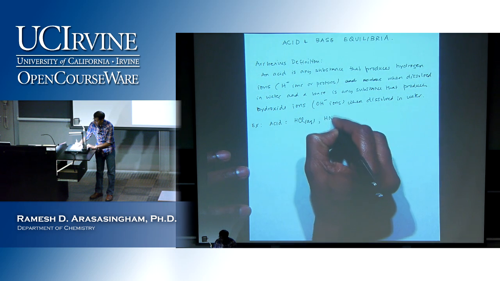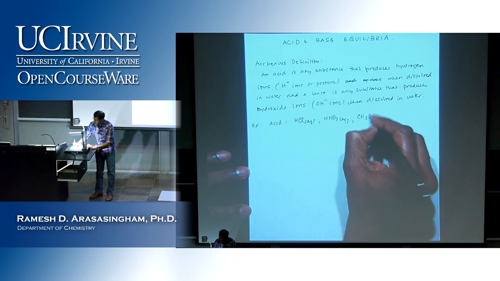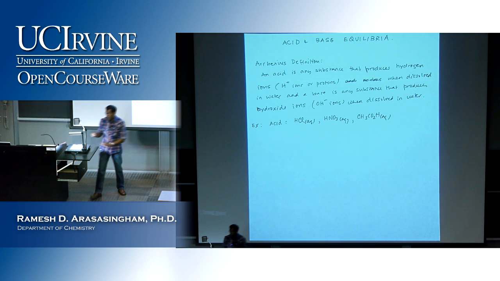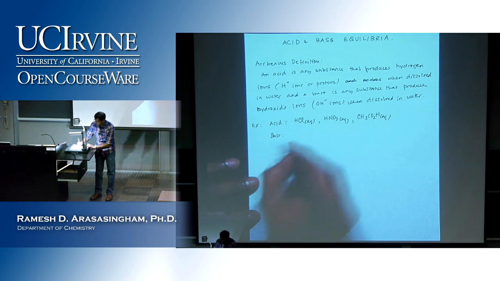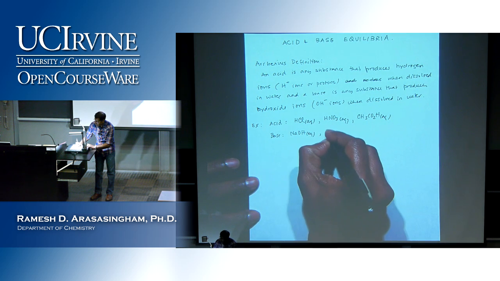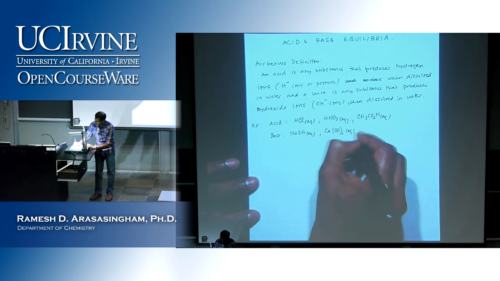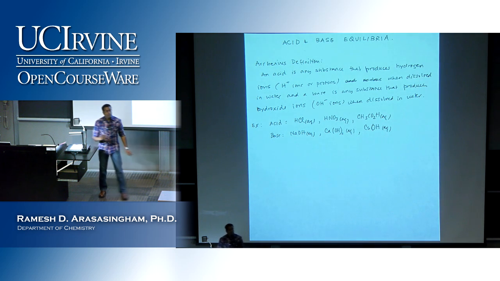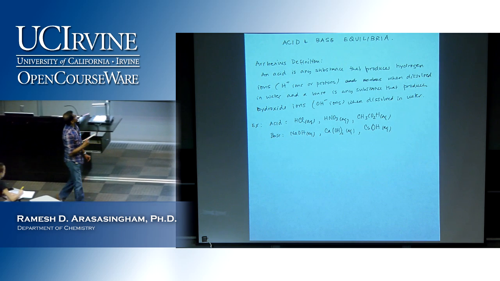Things like nitric acid dissolved in water. This is acetic acid when it's dissolved in water, all right? And a base would be anything that produces OH- ions, something like NaOH, aqueous, calcium hydroxide, aqueous, cesium hydroxide, aqueous. These are all examples of Arrhenius acids and Arrhenius bases.